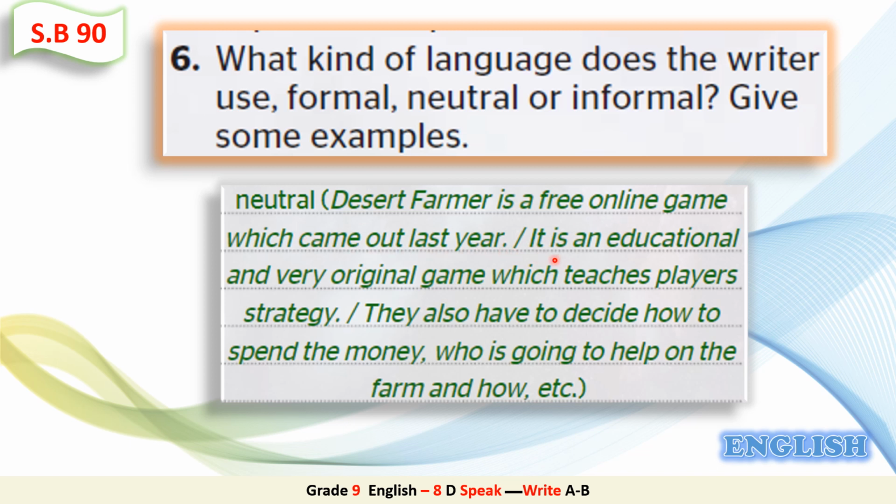He also said it is an educational and very original game which teaches players strategy. He added saying they also have to decide how to spend the money, who is going to help on the farm and how. So these are some examples that tell us that the writer used a neutral language. So if you want to write a game review, you should use a neutral language, not formal or informal language.